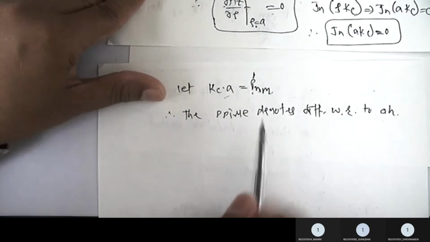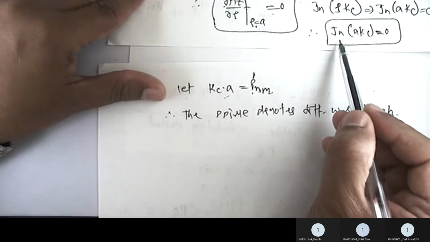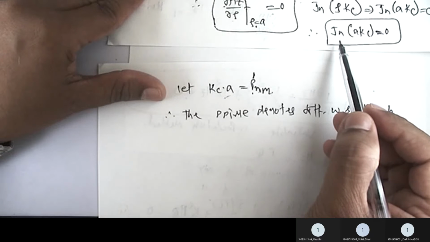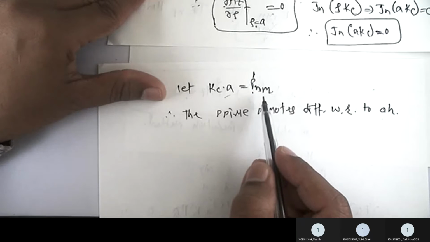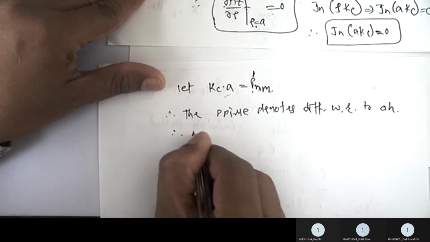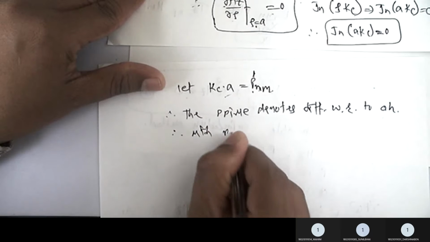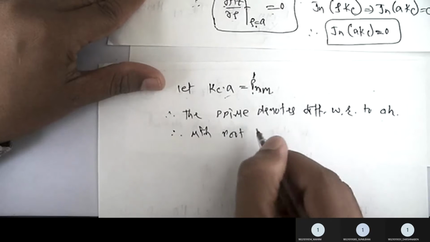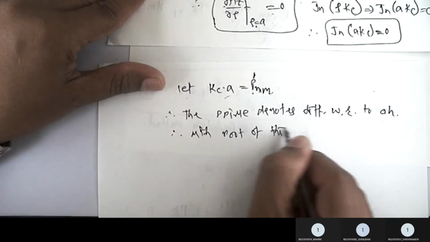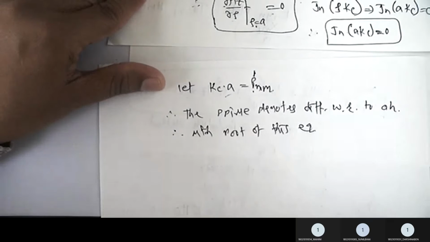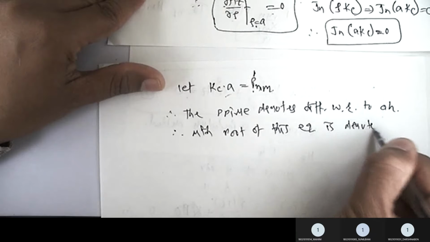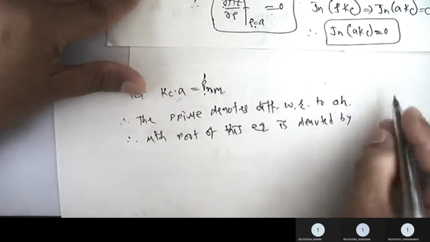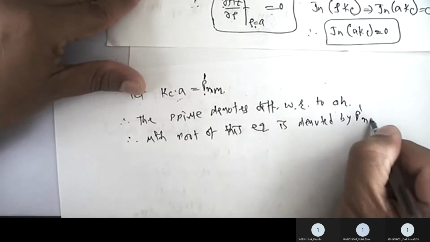So what will happen is that now I have introduced one more variable, and that is nothing but our p'_nm. So the mth root of this equation is denoted by p'_nm.